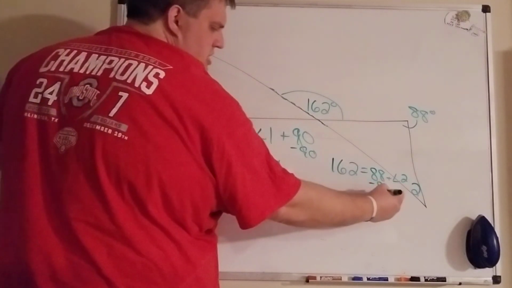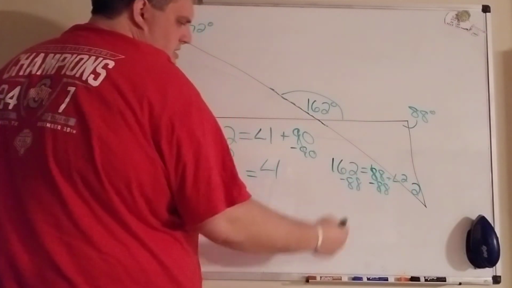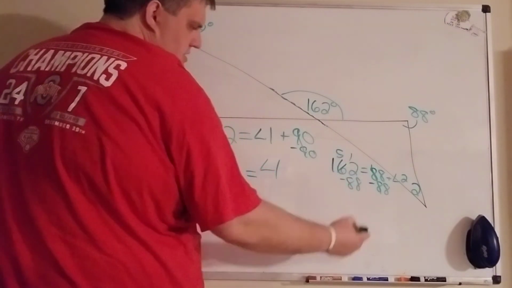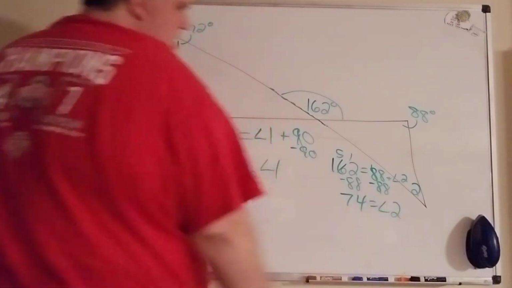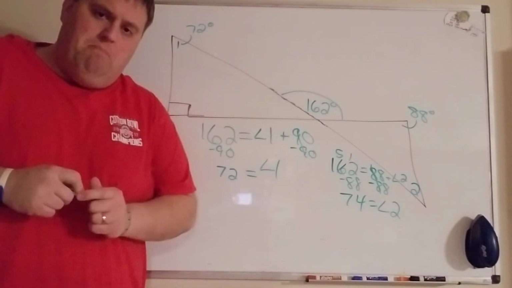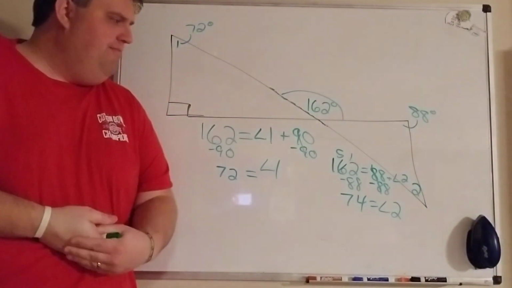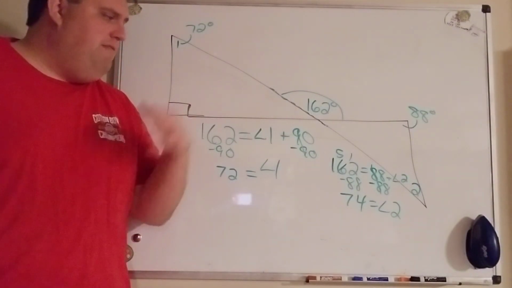And then I can just subtract the 88 from both sides. And I could see that angle 2 is going to be 74 degrees. So I can add the 2 remote interiors, and they have to add up to the exterior. And I can use that information to find the angles I want.